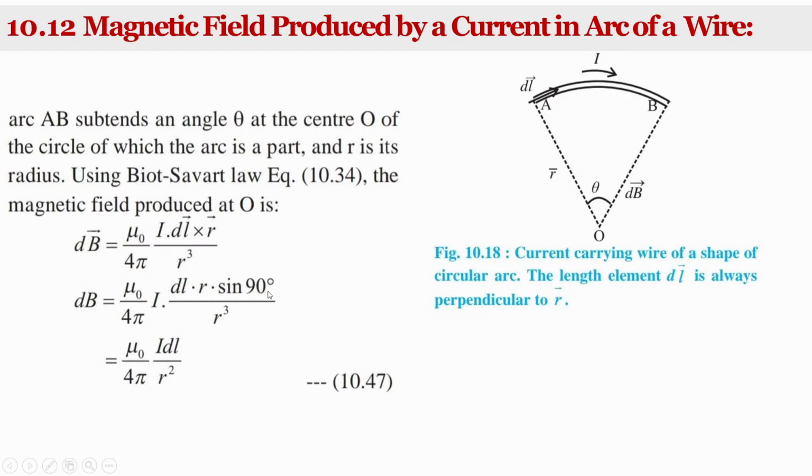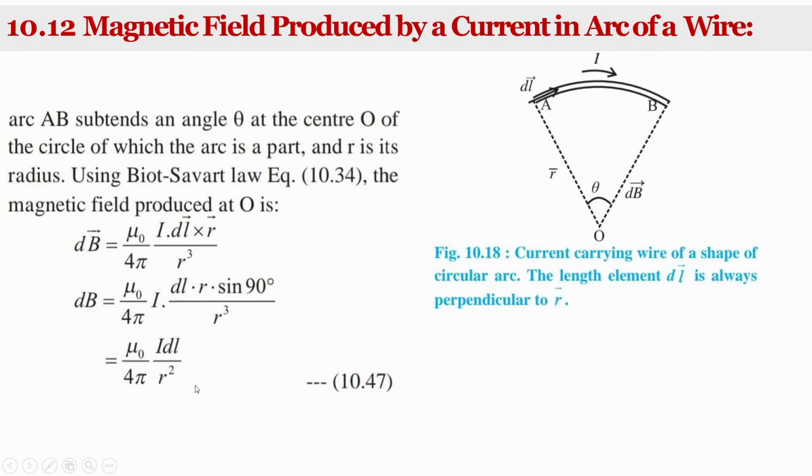Theta is the angle between dl and r, which is 90 degrees, so sine 90 is equal to 1. Then r and r cube cancel, leaving only r square. So we get dB is equal to mu naught upon 4 pi I dl upon r square.